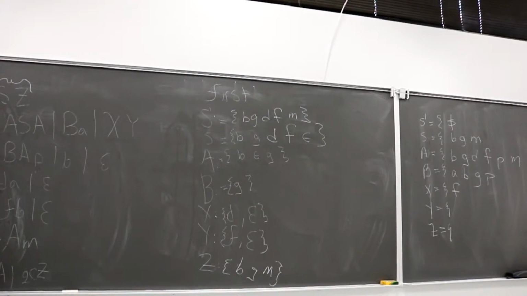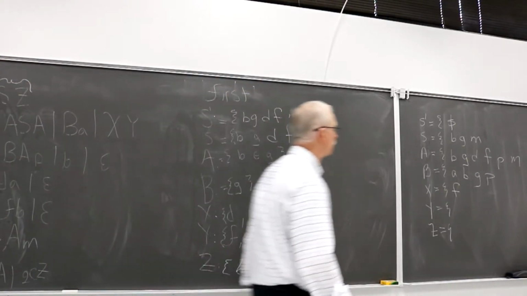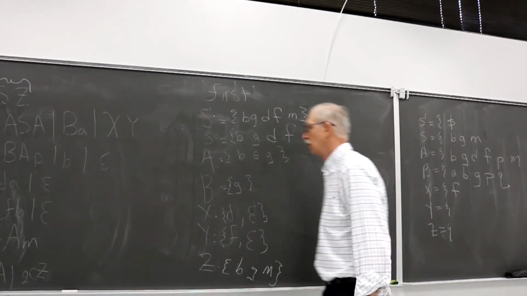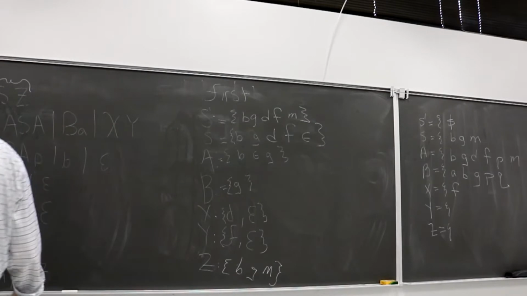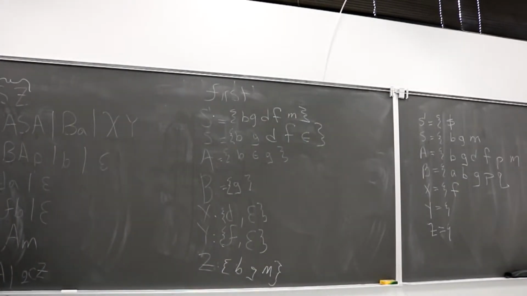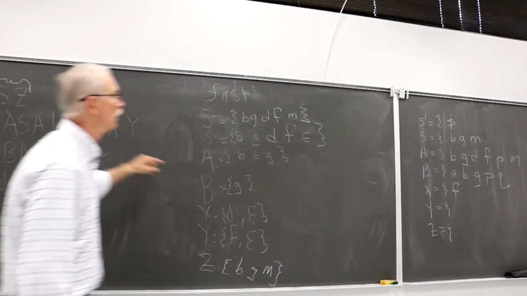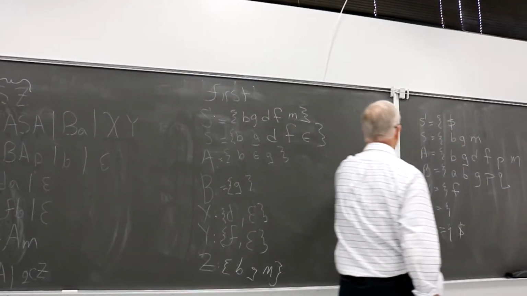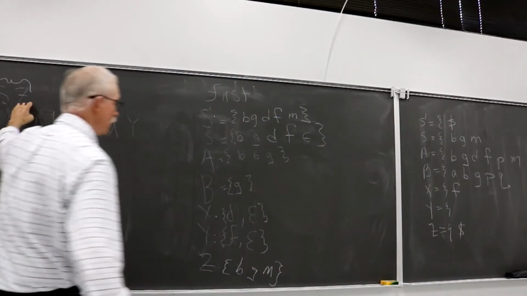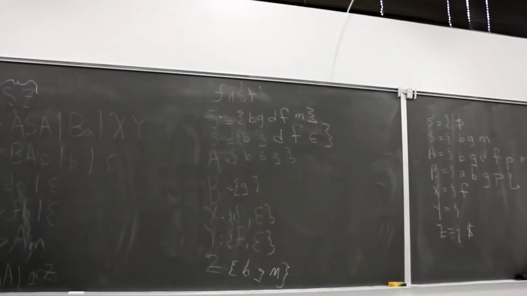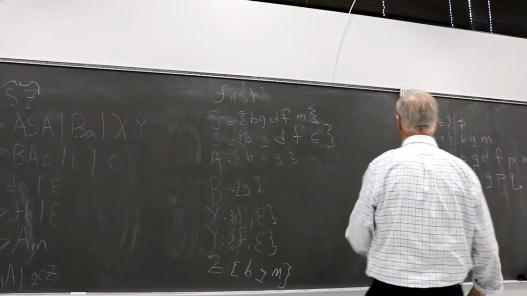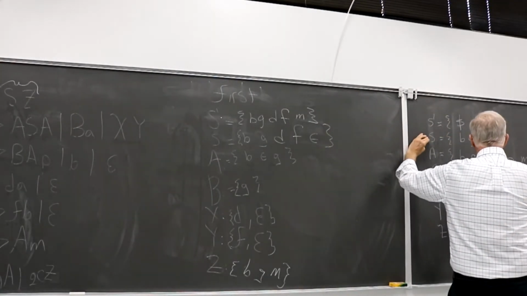The first of Q is in the follow of V. Okay, the follow of S is in the follow of Z. The follow of S prime is in the follow of Z. Can Z go away? No, it can't. The follow of S is in the follow of A.